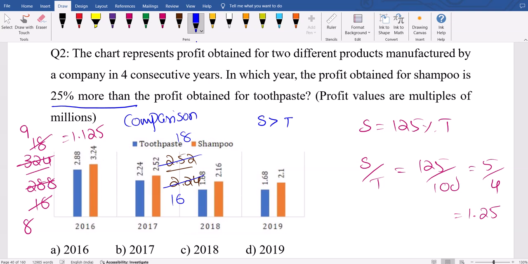So 9 by 8. Again, I got the same. Okay, 1.125.